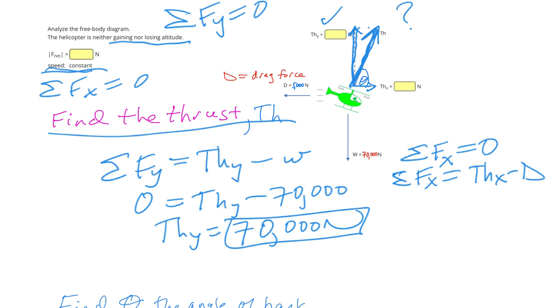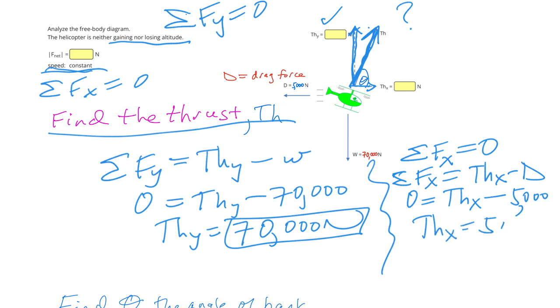So we're looking at these two forces right here. Okay, so 0 equals THX, x component of the thrust, minus 5,000 newtons of drag. So THX equals 5,000 newtons.